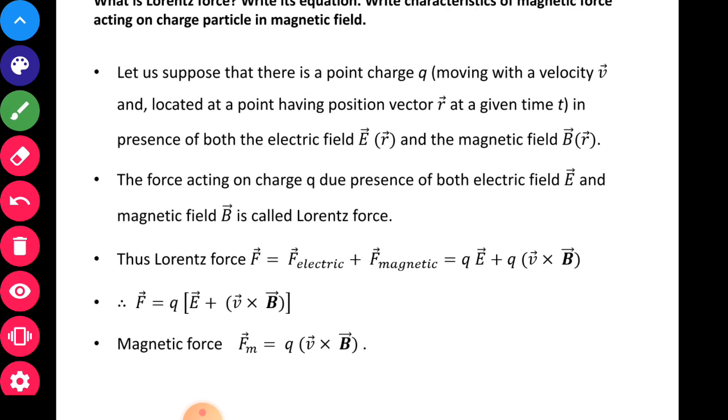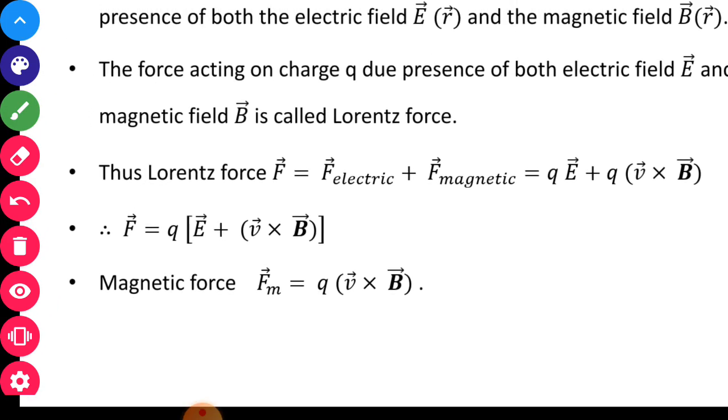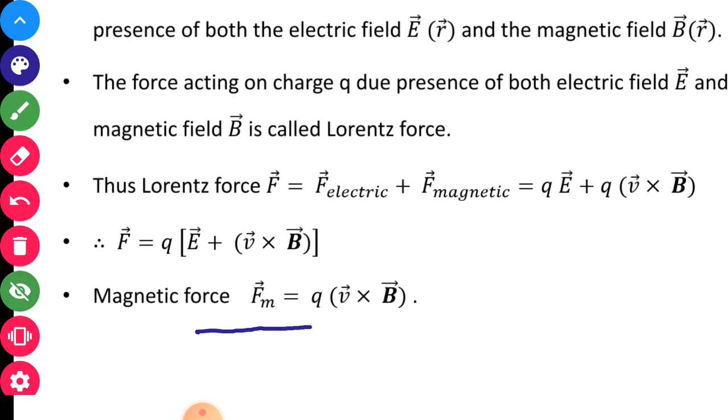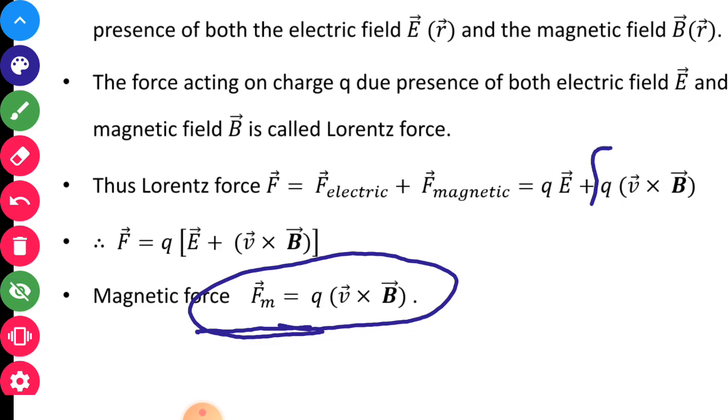Here you can see what the magnetic force is. This part in this equation is the magnetic force, that is Q V cross B, that is a vector product of velocity and magnetic field multiplied by the charge gives you the magnetic force.